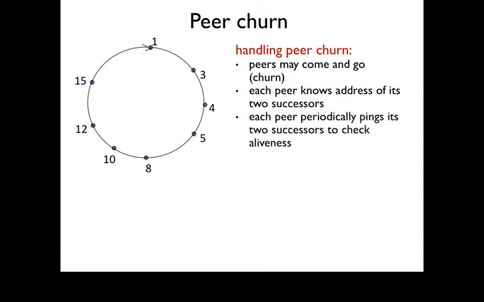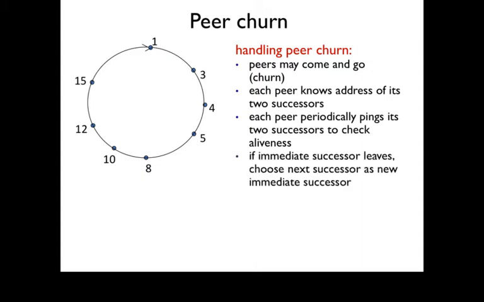So when you imagine that each peer remembers 2 of its successors, immediate successors, and it periodically keeps checking whether they are alive. If the immediate successor leaves, it can choose the one after it as its immediate successor. An example here: imagine that in this DHT peer 5 dies.